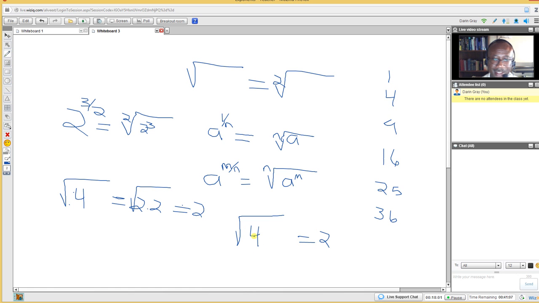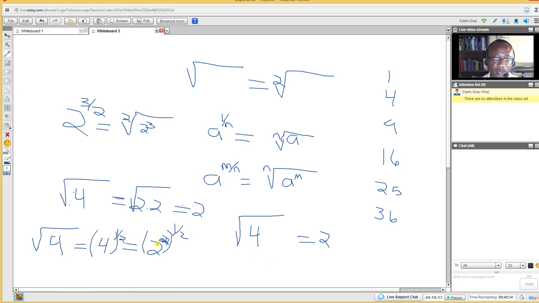But let's look at something cool. We know from up here that the square root of 4 is the same as 4 to the 1/2. We also know that 4 is the same as 2 squared.